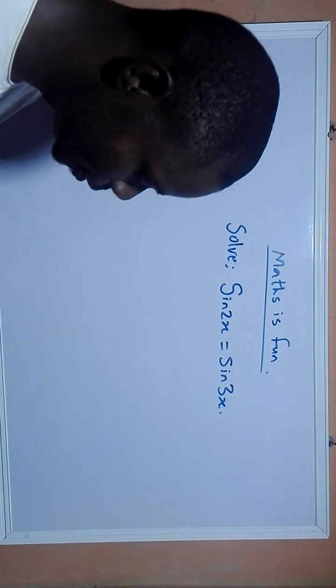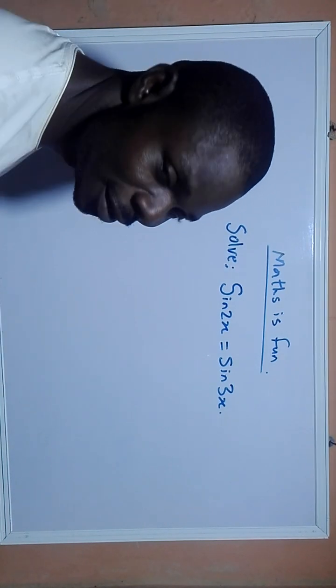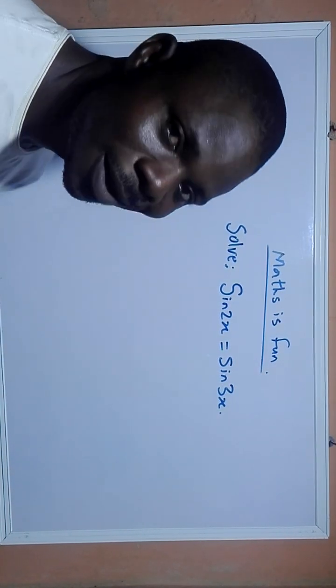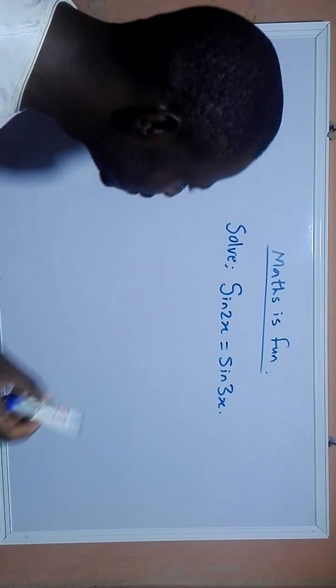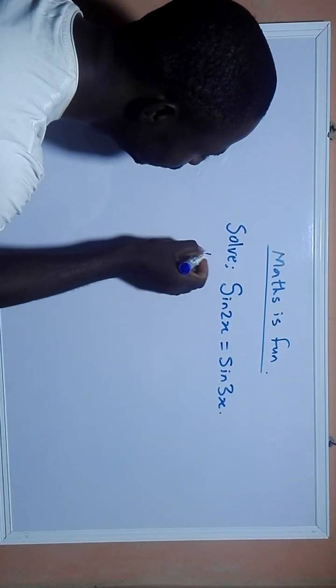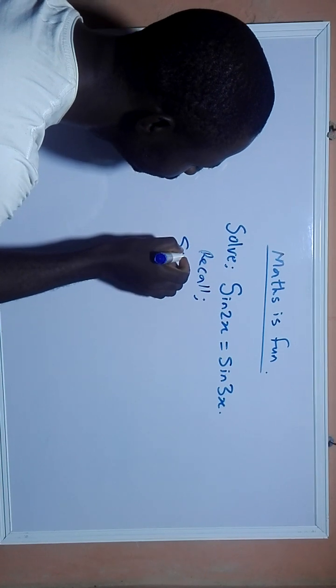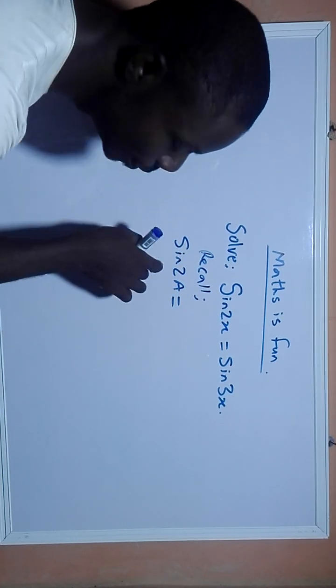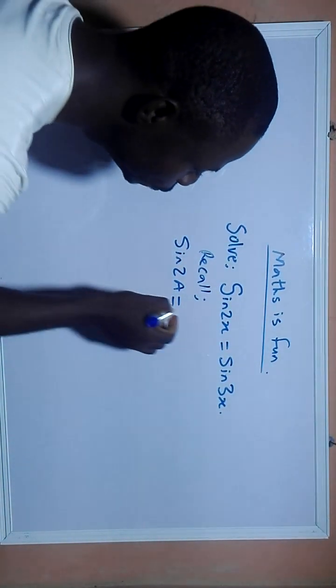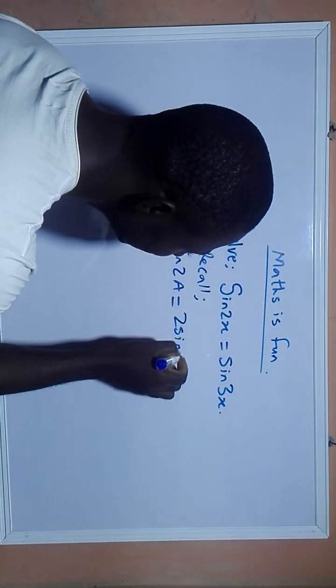Sine 2x is equal to sine 3x. Remember our sine formula: sine 2a gives you 2 sine a cos a.